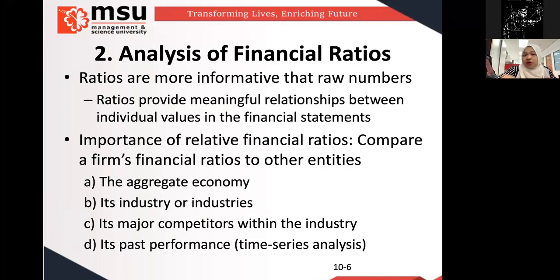So how do we come up with the ratio? We have to calculate it. Ratios provide a meaningful relationship between the individual values in the financial statement. So for each of the items in the financial statement, we are able to see the linkages between each of the items.